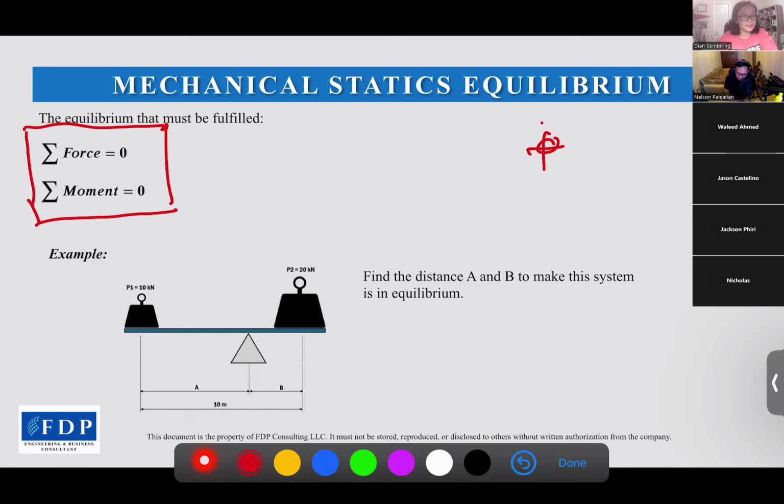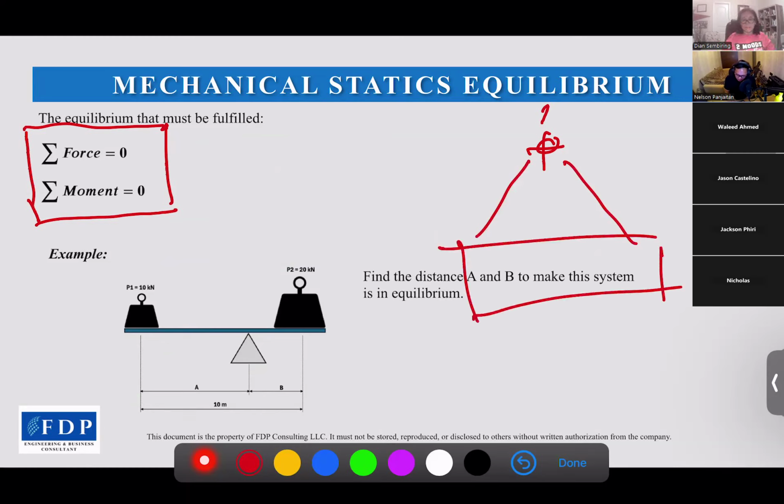So for example, when we have a hook right here, and then we have an object here. If the COG is not in line with the hook, then there will be, let's say, an eccentricity here. This object will move to get the equilibrium statics, to fulfill the equilibrium statics.